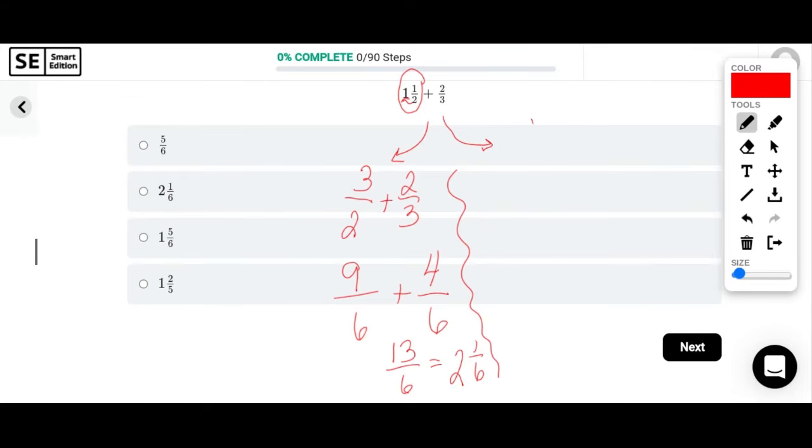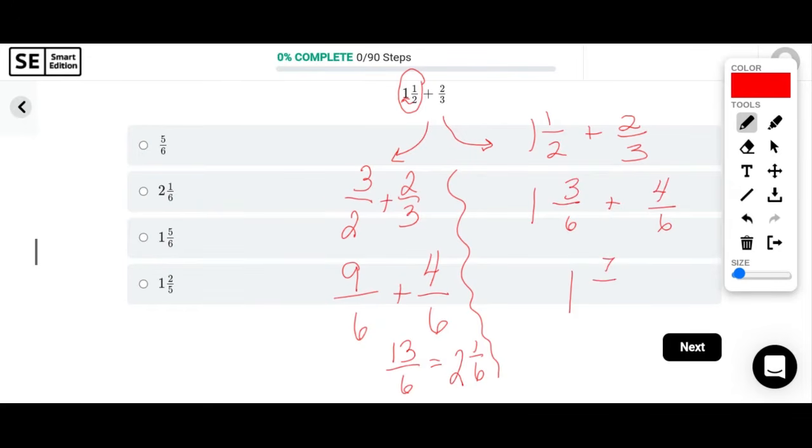If I want to just go through and leave this, I can find my common denominator first and rewrite this as 1 and something over 6, and then change this to something over 6 as well. So 1/2 is the same thing as 3/6, and 2/3 again is just 4/6.